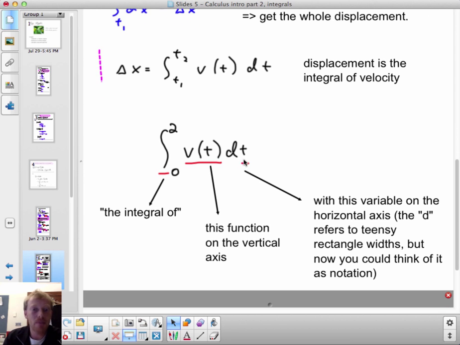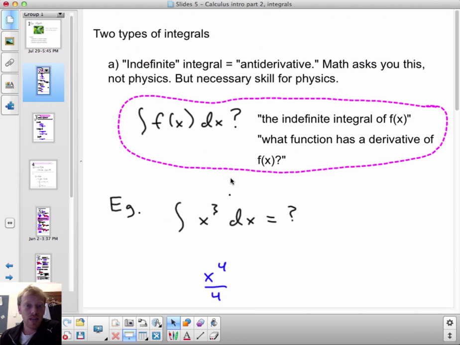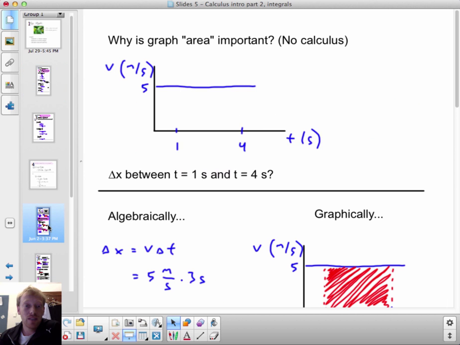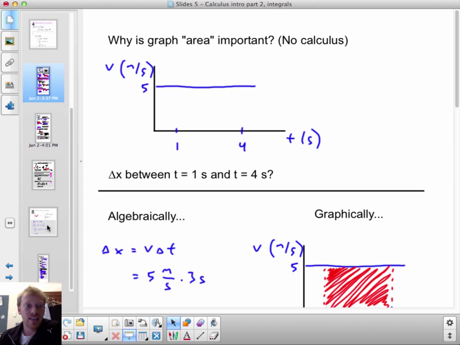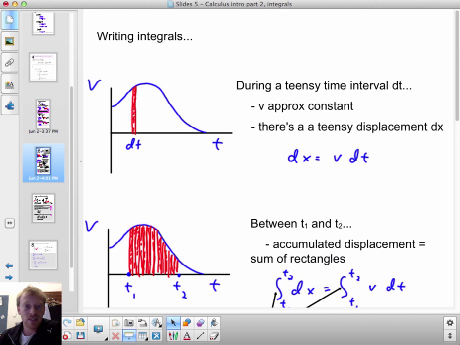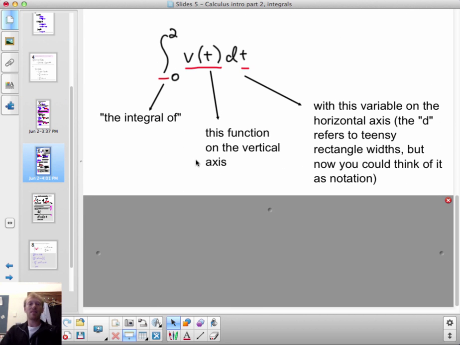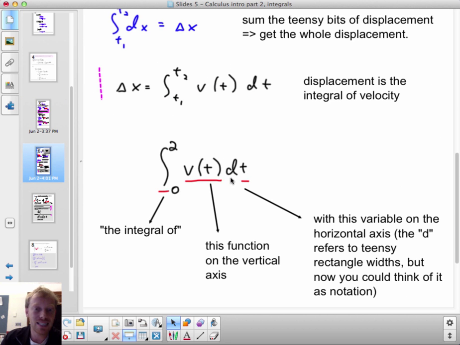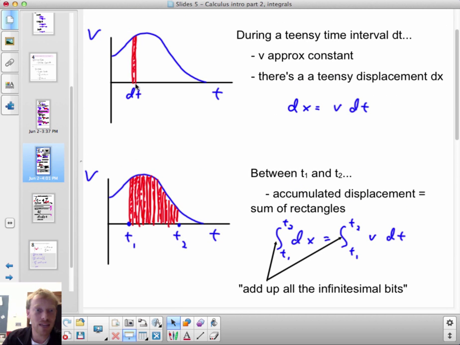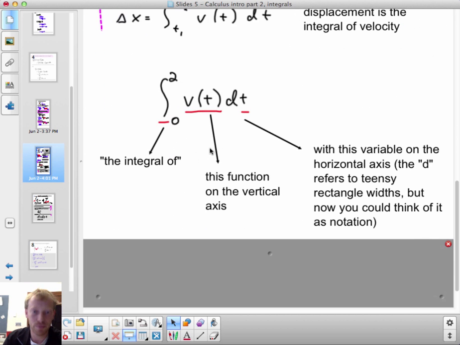And now I believe I've explained where this kind of notation comes from. Like, what was the deal with dx here? Well, at the time I said, just consider it some notation to say what we're taking the antiderivative with respect to. But now I think I've illustrated that this dt actually gets inherited from the idea of teensy rectangles.